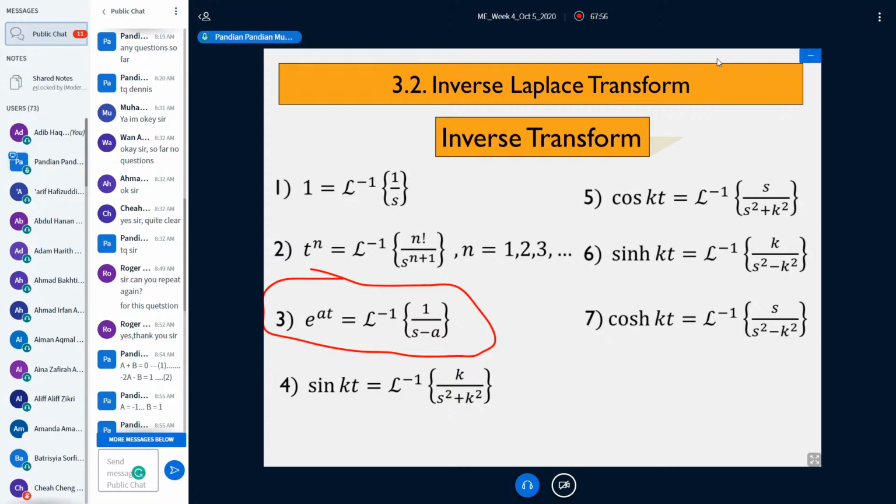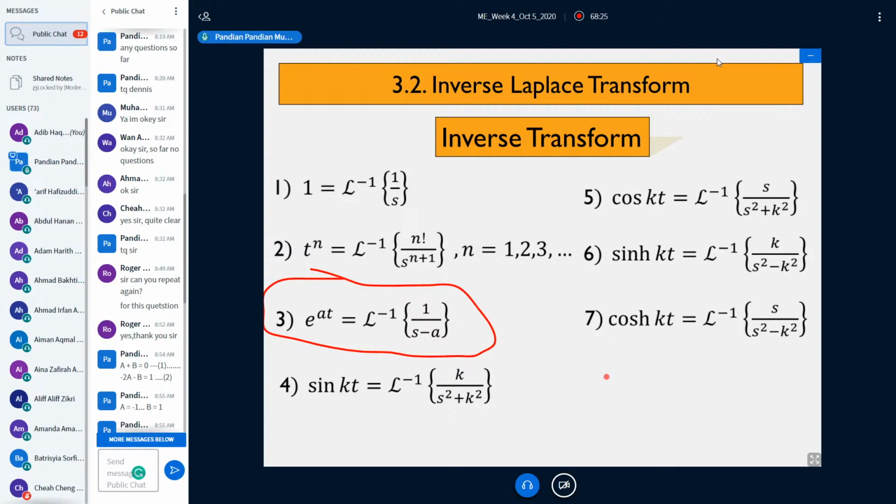Slide 5 is very important. Whatever you do, you must match with this. If you do other than this, for sure you cannot get the correct answer.